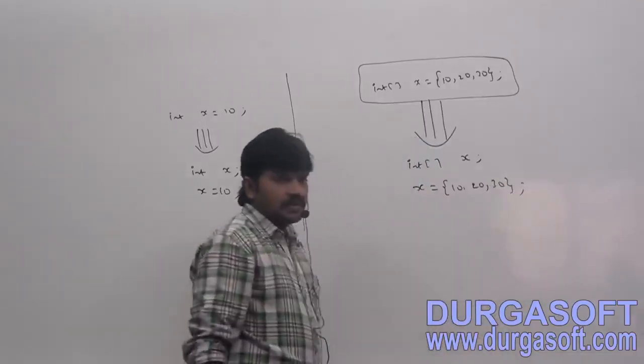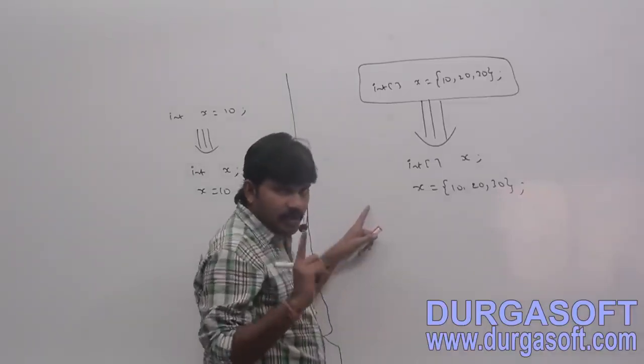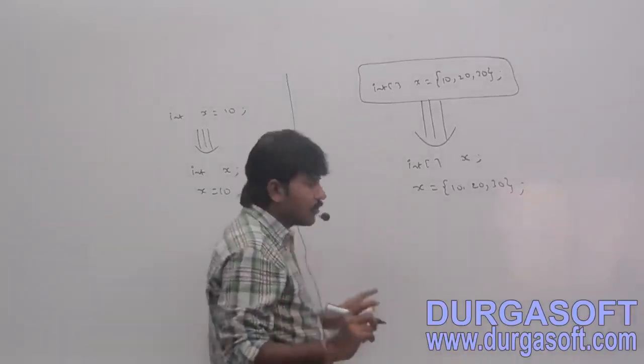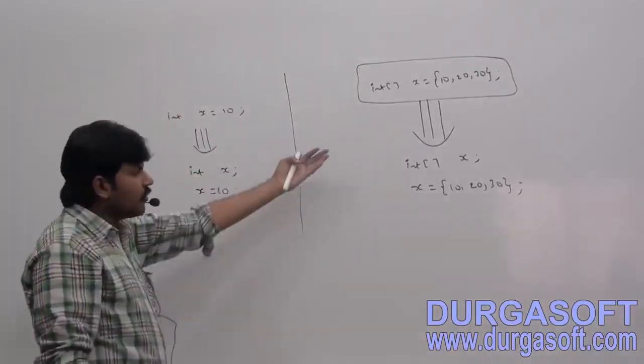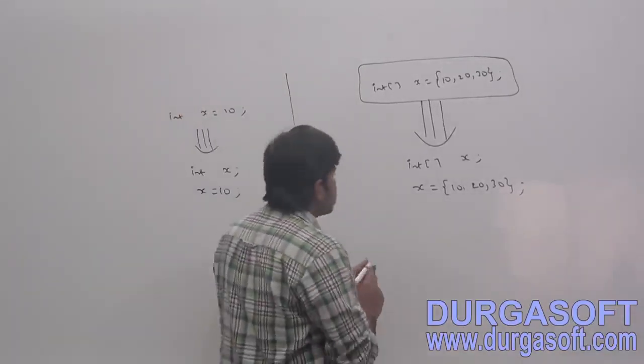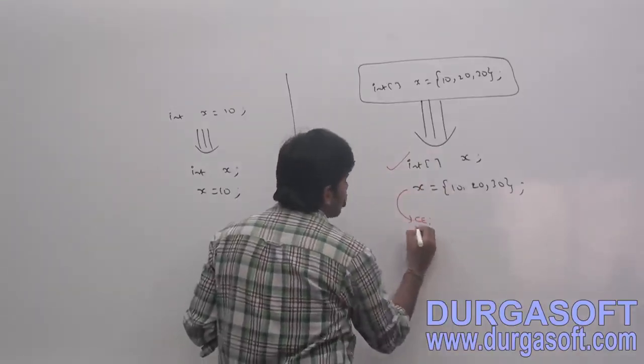Can you tell, is it valid or invalid? Make sure it's an important conclusion: you can divide into multiple lines for the normal declaration, but here the first one is valid, while this one gives a compile time error.